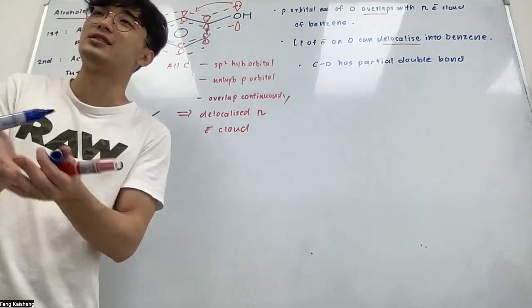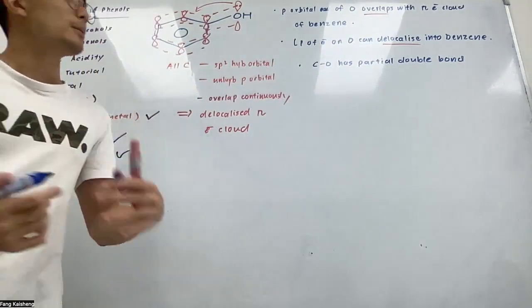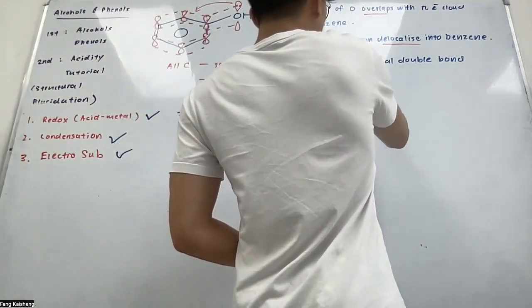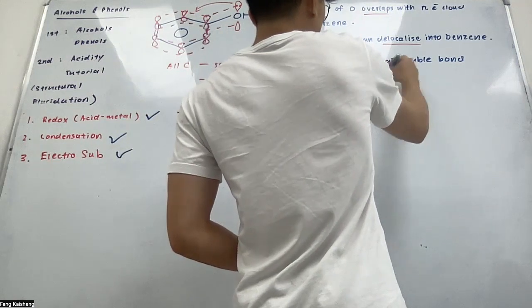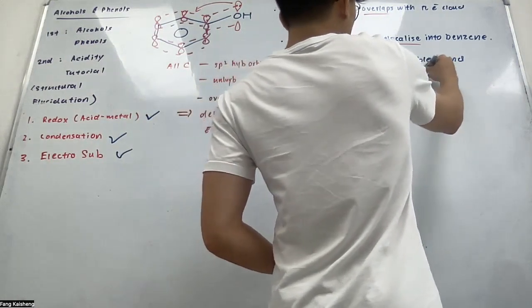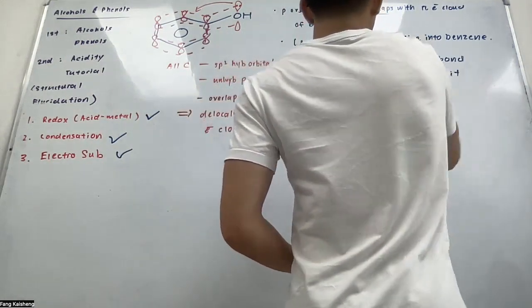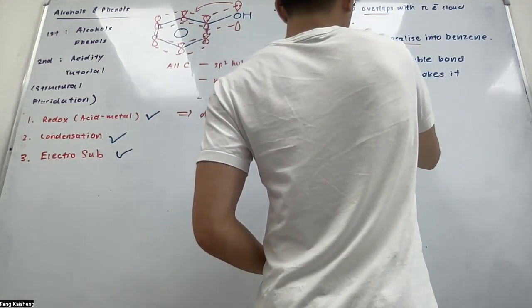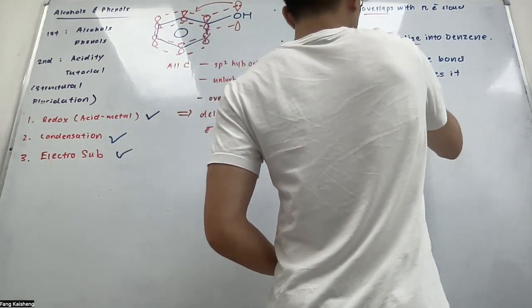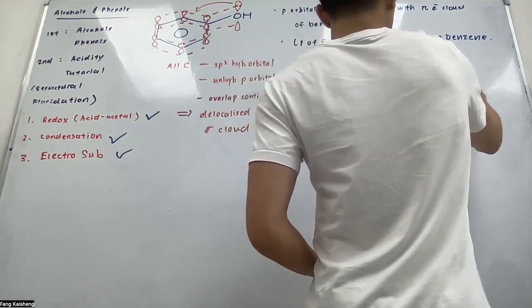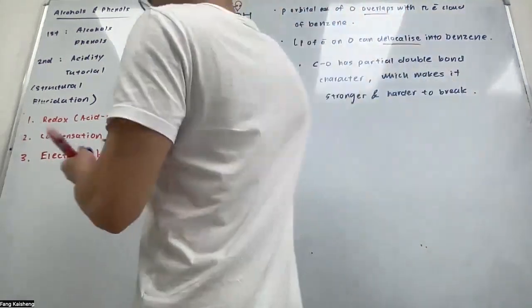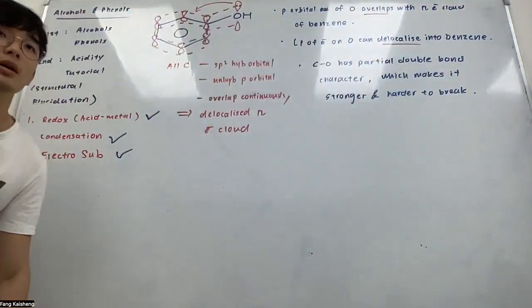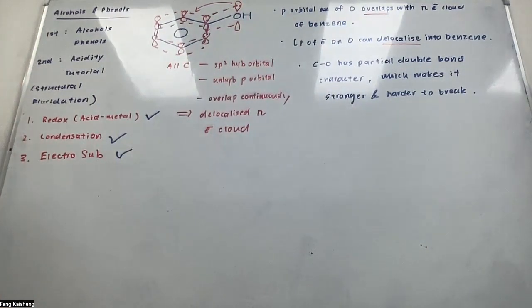You can see that it's like a mix of single and double. So it has partial double bond character. But most importantly, you must highlight its strength, which makes it stronger and harder to break. Does it make sense? Okay, that's the idea.